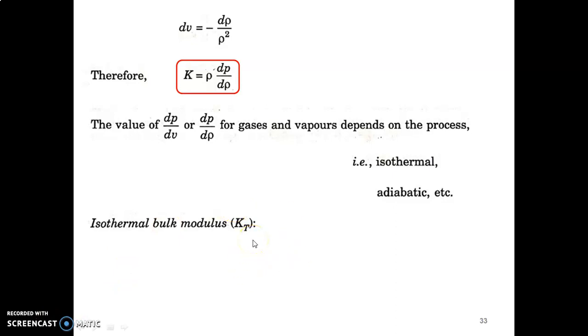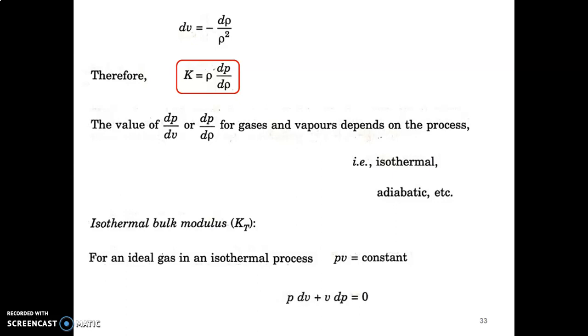For an ideal gas in an isothermal process, we know that the relation is pv equal to constant, that is, pressure into specific volume equal to constant. Therefore, differentiating, you get p dv plus v dp equal to 0. From this we can find dp by dv, so the relation will be: minus dp by dv equal to p by v.